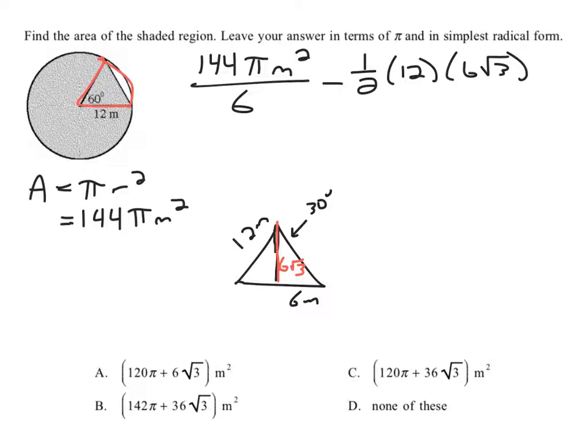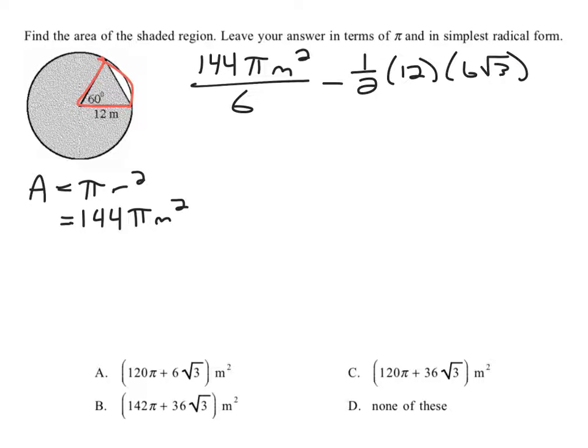So what do we get when we do that? We take the area of this entire red sector, which is a sixth of the entire circle's area, and we take away the area of the triangle.